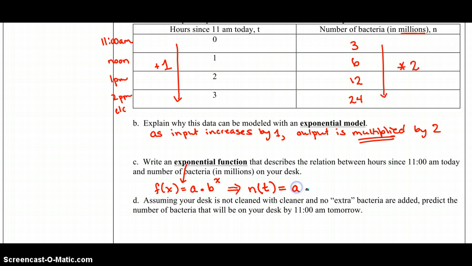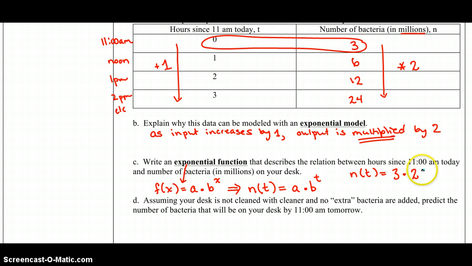The b is the base multiplier, and a is our initial quantity at t equals 0. From our table, when input is 0, the output is 3, so that's our a. And our base multiplier was 2. So we have 3 times 2 to the t.